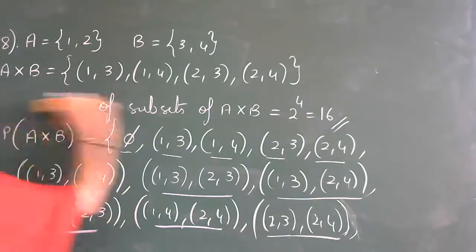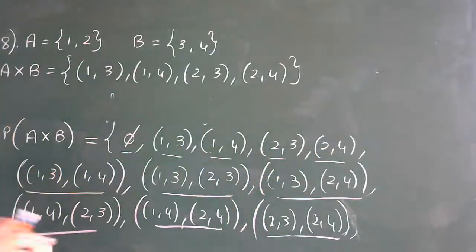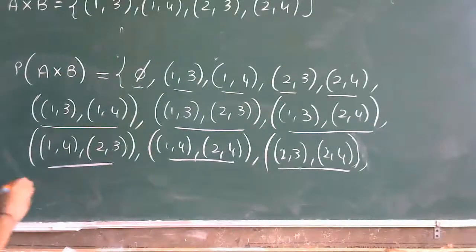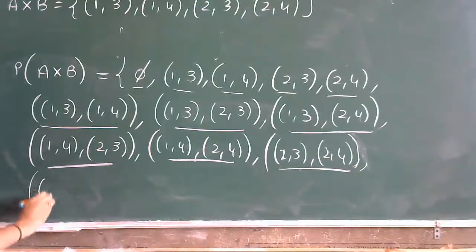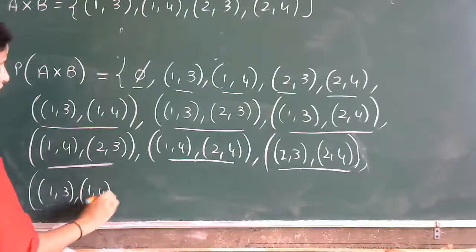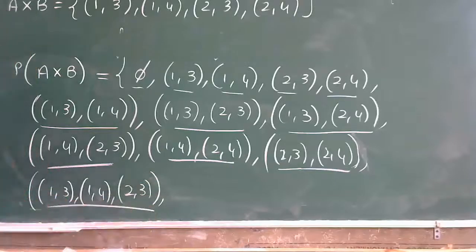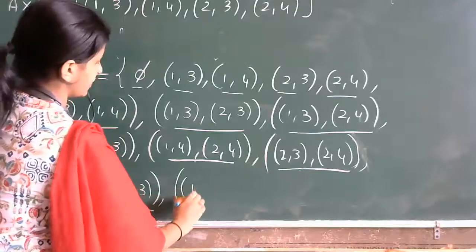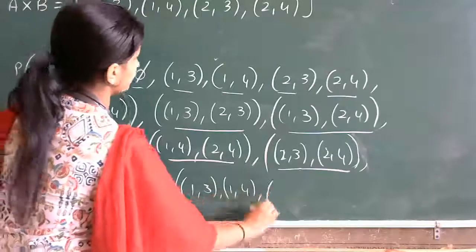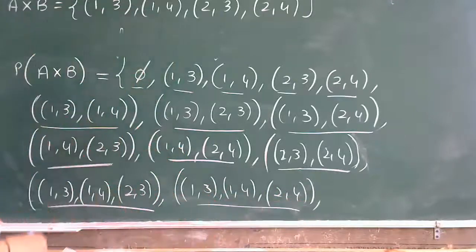Okay, I'll erase this. So let me write 3 element, that is ordered triplet. 1 comma 3, 1 comma 4, 2 comma 3. This is the first ordered triplet. Next 1 comma 3, 1 comma 4, 2 comma 4. Ordered triplet.